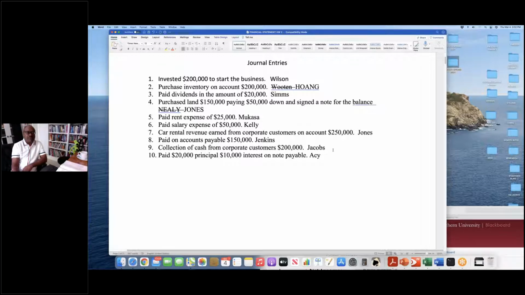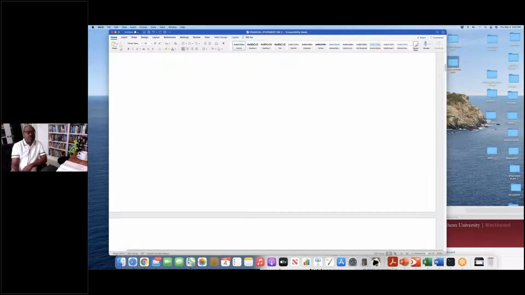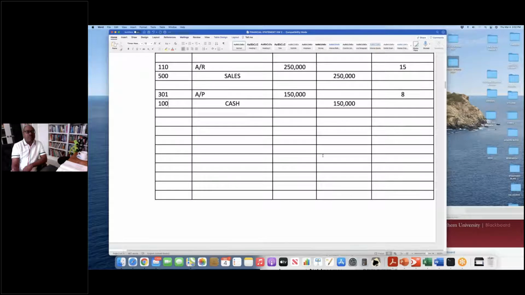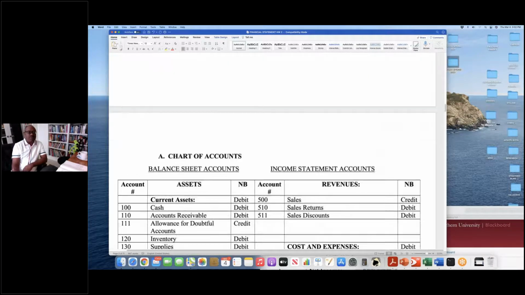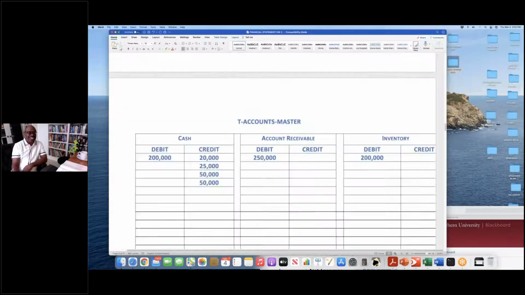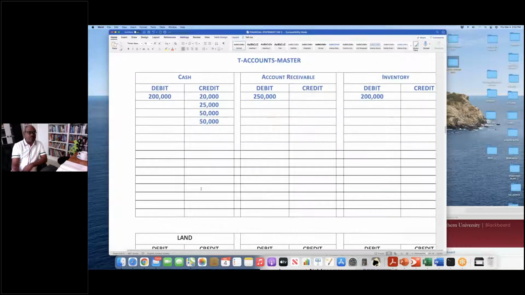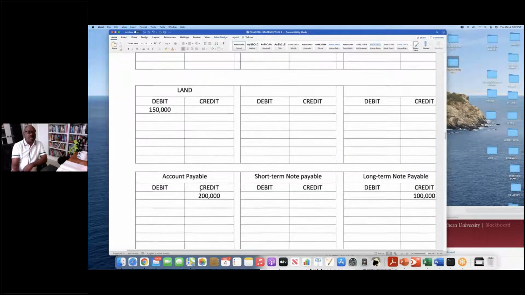You didn't want to put it in the T accounts? That would be a good idea. Thank you. So we're gonna put in the T accounts: accounts payable.